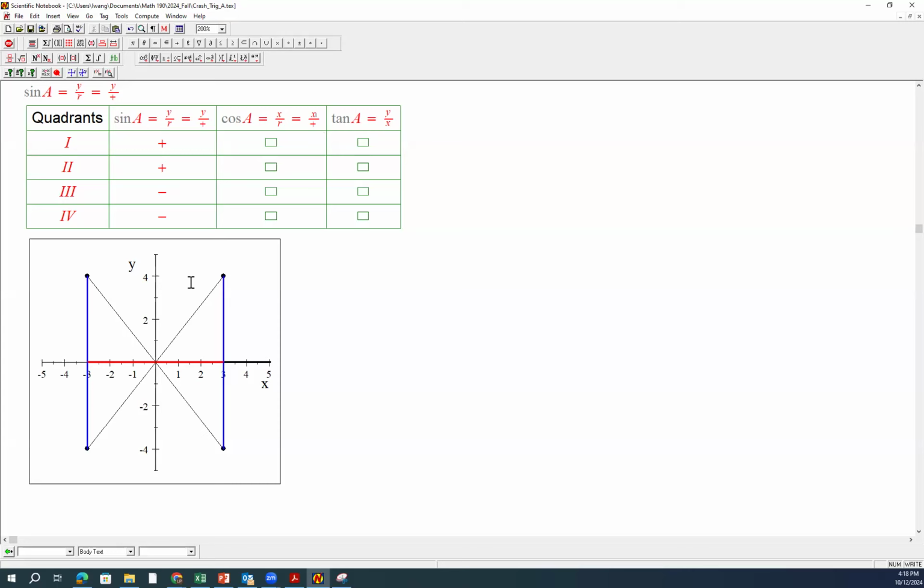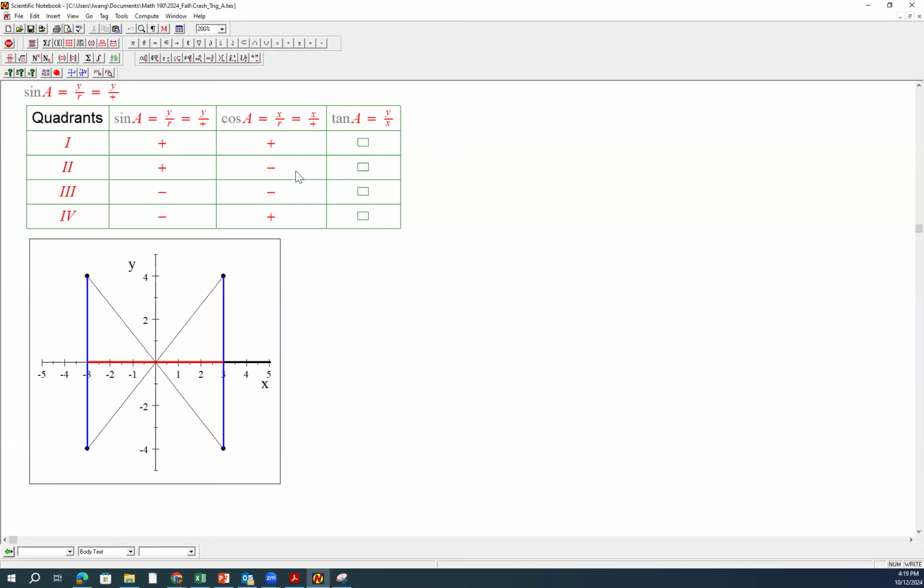X in the first quadrant and the fourth quadrant share the same value, so cosine is going to be positive in the first and the fourth, because x is shared by these two terminals. Second and third, the shared x is negative. So x is negative, denominator is positive, so this is going to be negative, negative.